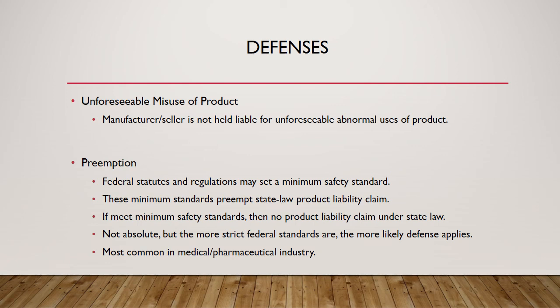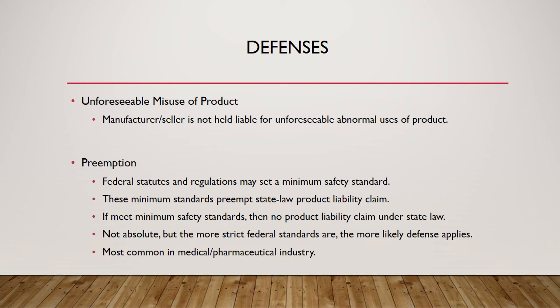If these minimum standards were met, then there would be no product liability claim under state law, because federal law is saying if you meet these minimum requirements, then the product should be safe. But in a products liability case, you're basically saying the product is unreasonably dangerous or defective. So the federal government says one standard, and then state law declares that to be dangerous or defective. The argument is that they're in conflict, and because of preemption, the federal statutes would prevail, and you would not have a claim for state law products liability.